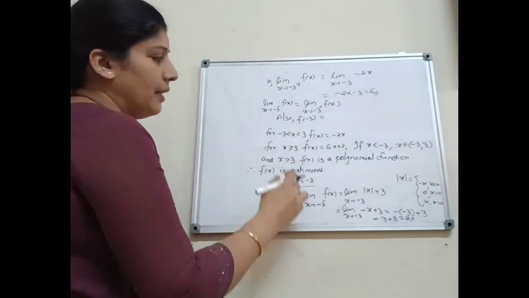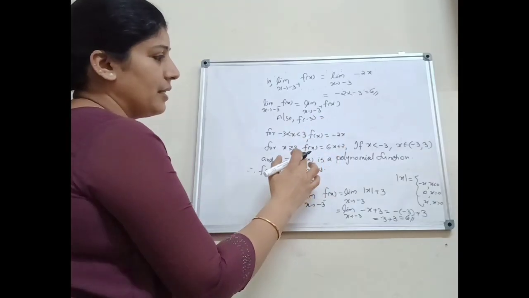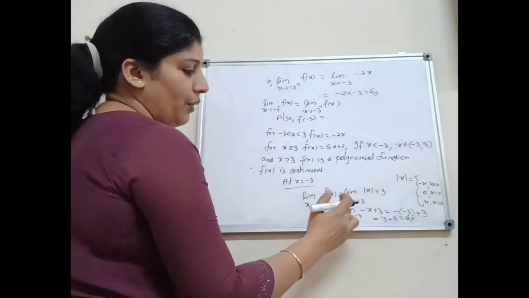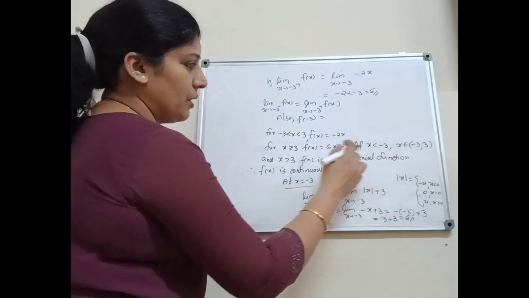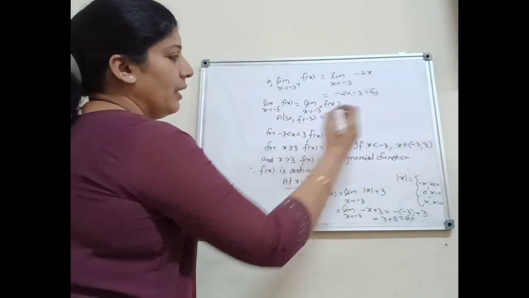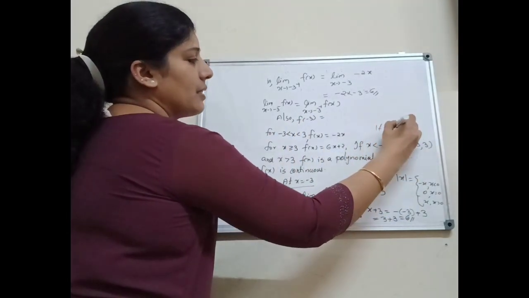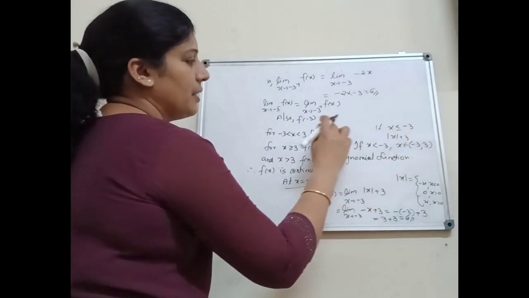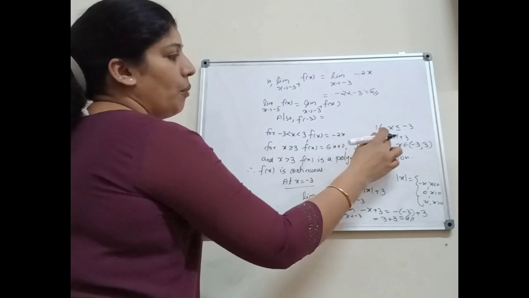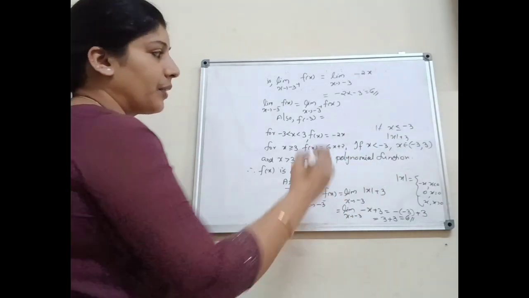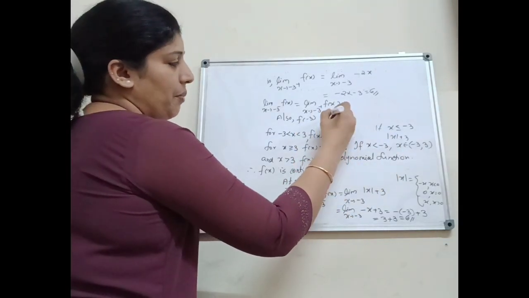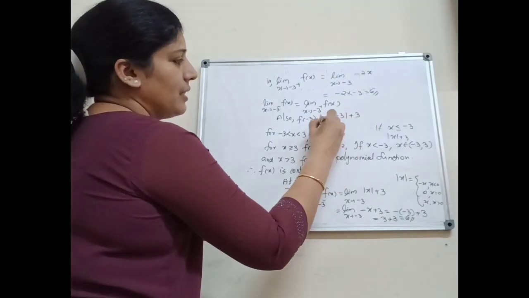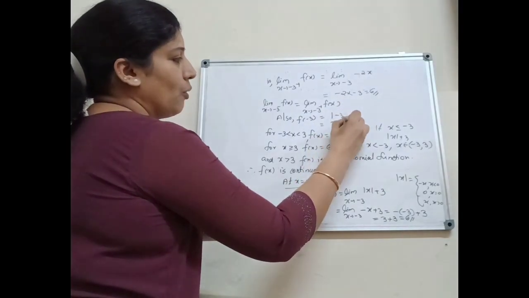In the first case, if x is less than or equal to minus 3, the function is mod x plus 3. So f of minus 3 is modulus of minus 3 plus 3, that is 3 plus 3 equal to 6.